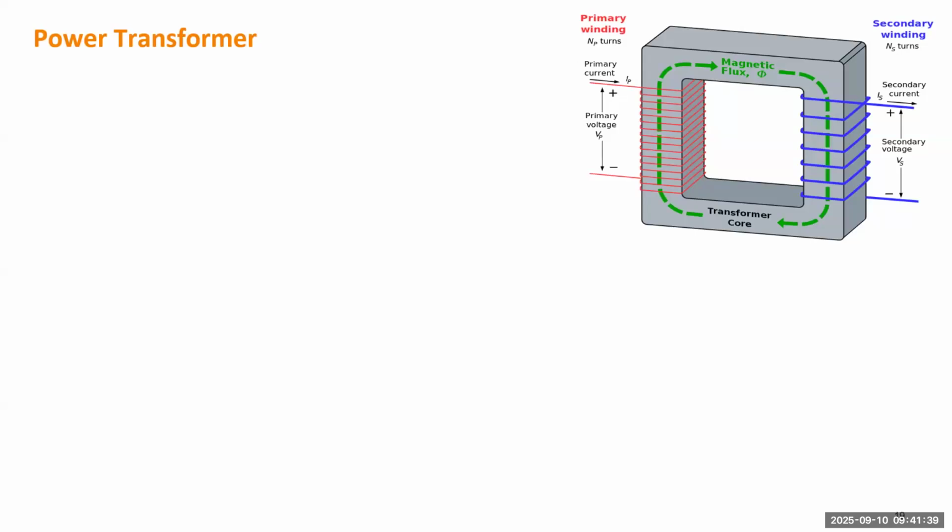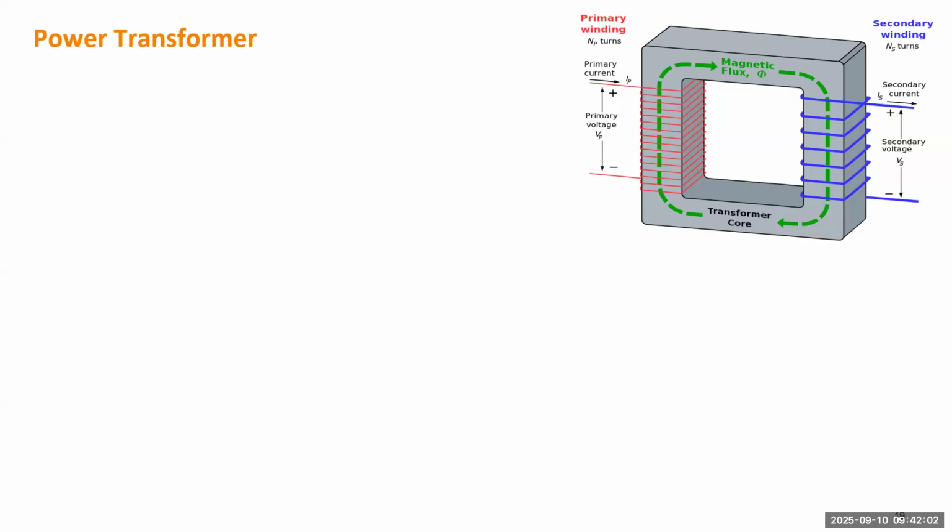So if the primary side has more wires, more turns than the secondary side, you can see the density on the left is much bigger than the right. So you can imagine this is like a step down transformer, which means voltage will decrease from the primary side to the secondary side. Definitely, you can also have a step up transformer.